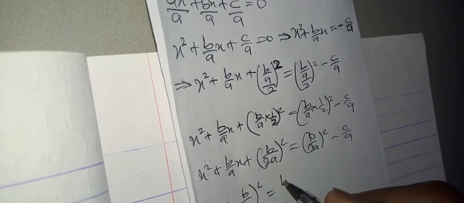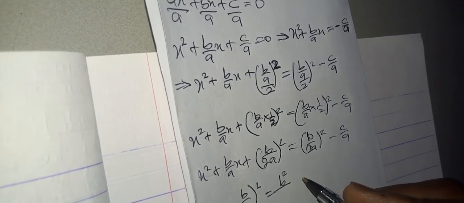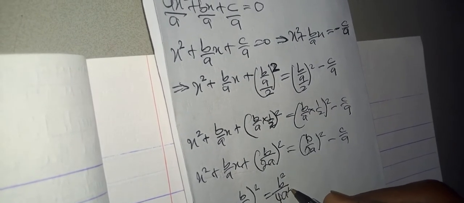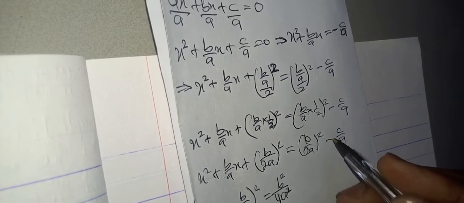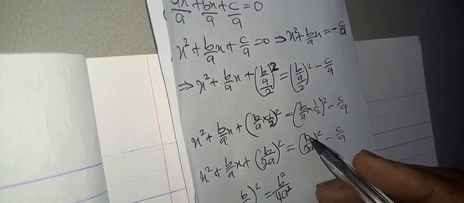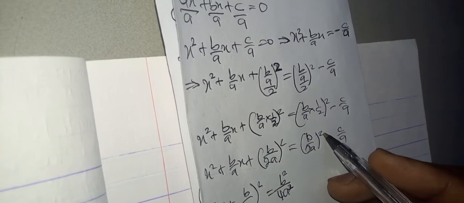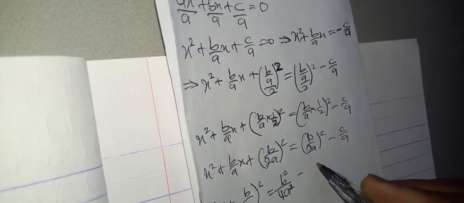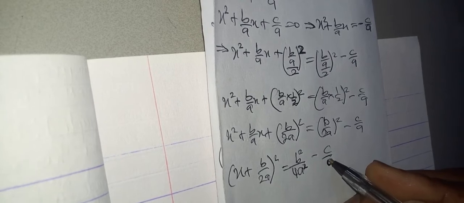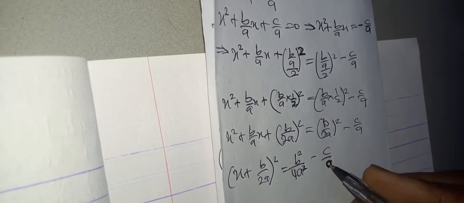So you are going to have b squared over 4a squared. This will affect this b squared, this will affect this 4, this will affect this a squared, minus c over a. Let me write my a well so that it is not misconstrued as 9.